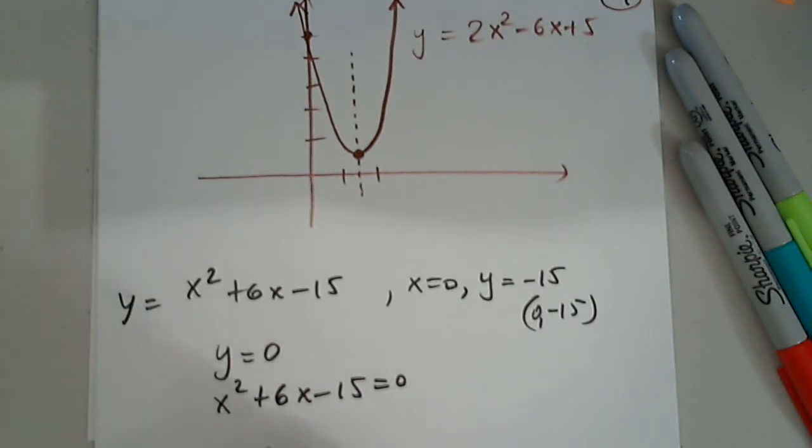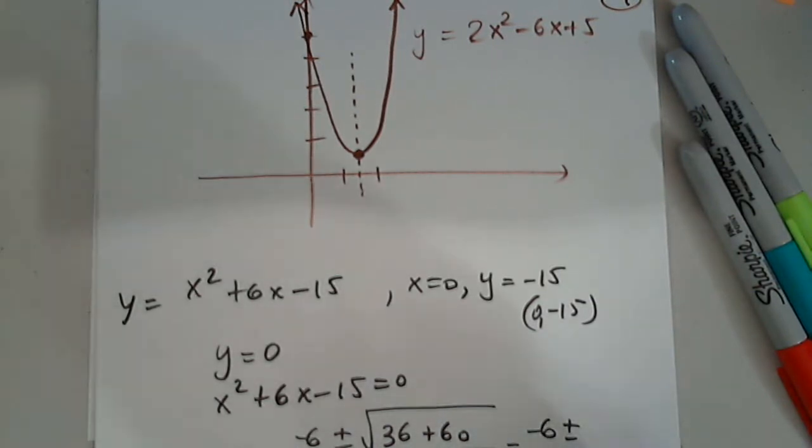I have to find the x-intercepts. Negative b plus or minus the square root of b squared minus 4ac. 4 times 15 is 60, divided by 2. So negative 6 plus or minus, this is ugly, square root of 96 over 2.